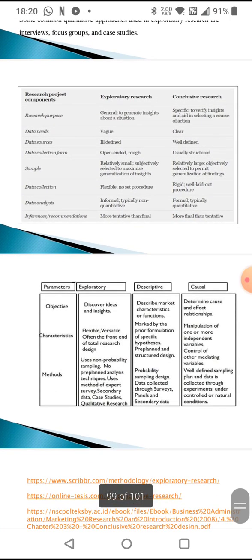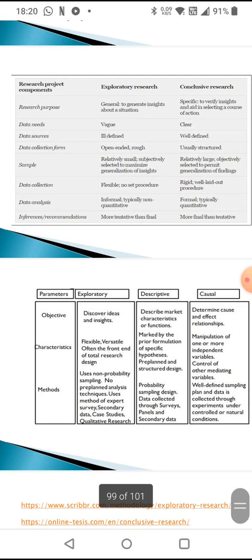In these 2 slides you can find the differences between exploratory and conclusive, and in the successive slide the difference between exploratory, descriptive and causal. Depending upon the parameters or the factors, again you can make a difference of these. And in the last slide I have just given the references, the links through which I have referred to this.